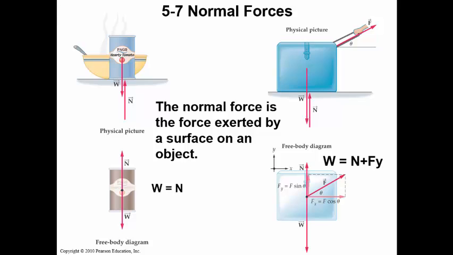The weight is being balanced by my upward force and the force of the floor. So the weight is equal to the normal force plus the Y component of the tension. It's also important to note that the force that's actually moving the box has nothing to do with weight, the normal force, or Fy. It's just Fx, the X component of the tension.